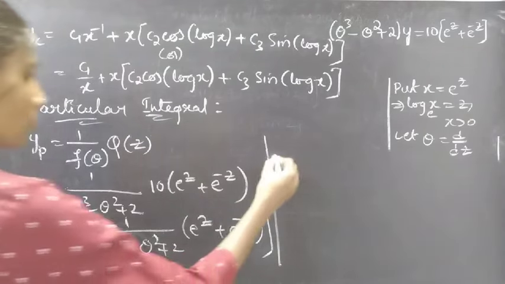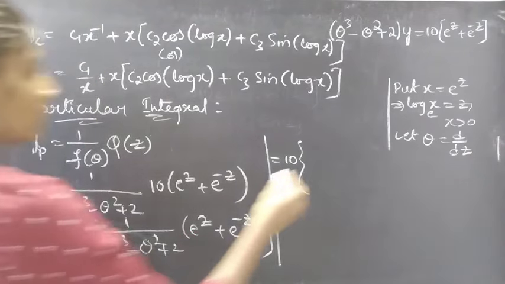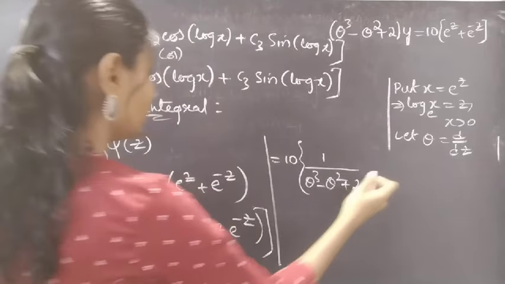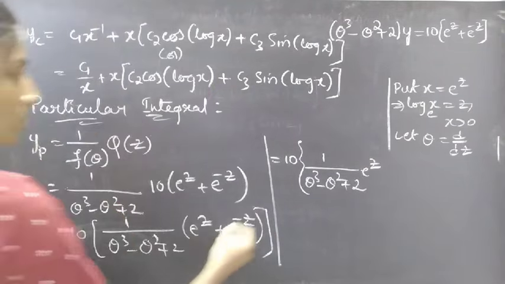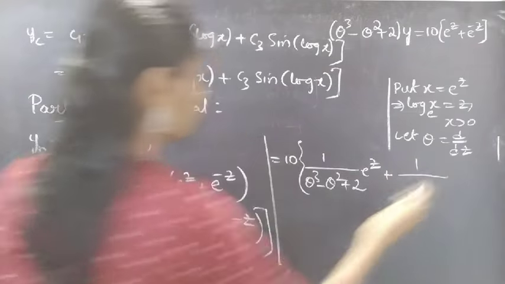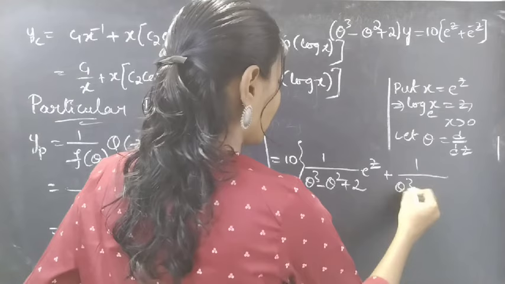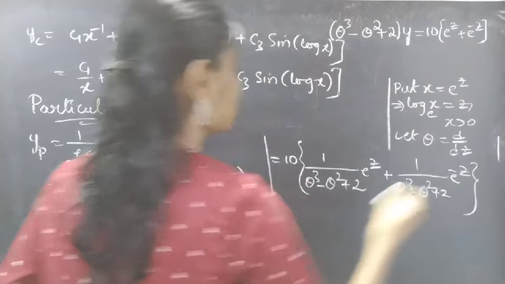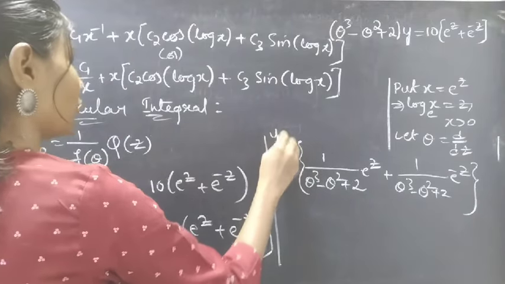Which equals 10 into 1 by f of theta into first term e power z plus 1 by f of theta into e power minus z. Theta cube minus theta square plus 2 into e power minus z. Now let's find each term separately for our convenience.